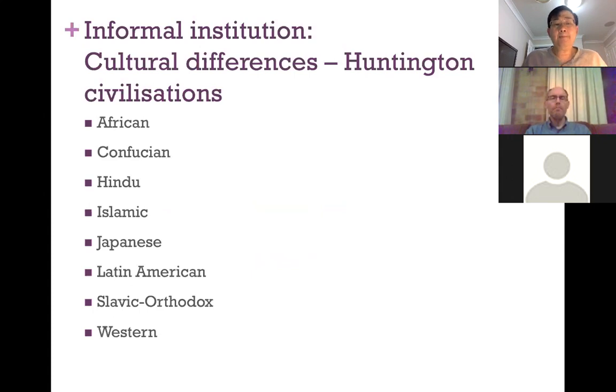Okay, for instance, in the food category, we may need to consider if the host market mainly adopts Hindu culture. We need to consider whether we need to have vegetarian types of products, because Hindu people don't eat beef, for instance.